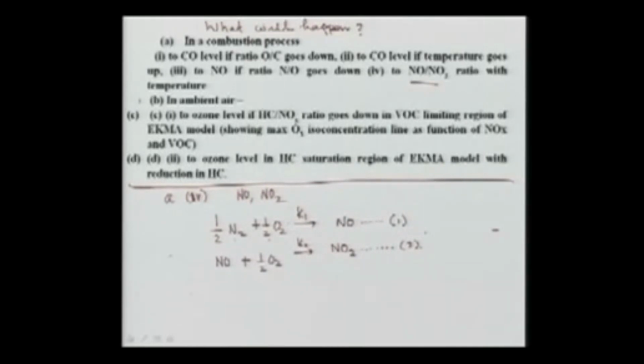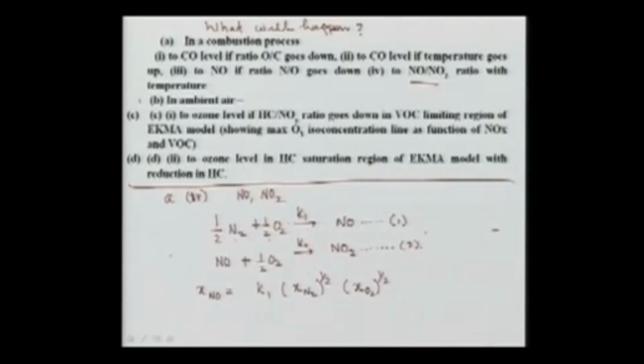So I can write the equilibrium relations for NO and NO2 from reactions 1 and 2. The mole fraction of NO, from reaction 1, will be equal to K1 times xN2 to the power 1/2 times xO2 to the power 1/2. I'm sure everyone can write that.